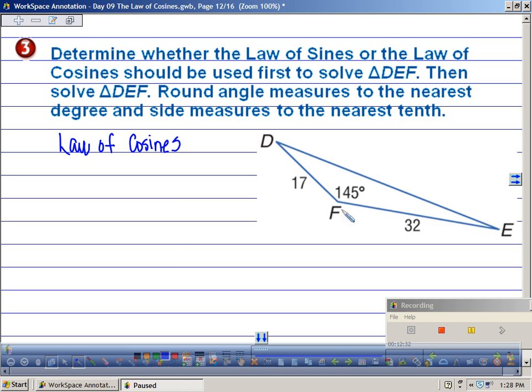All right, so I know I have angle S, so I'm going to concentrate on side S. So let's write this out.